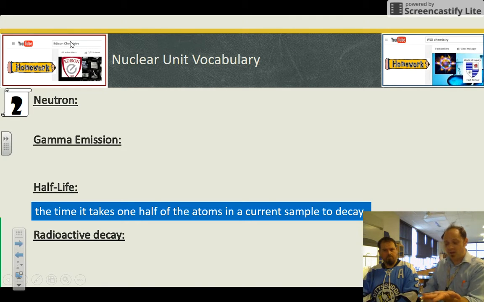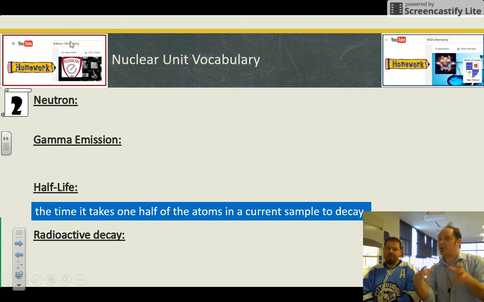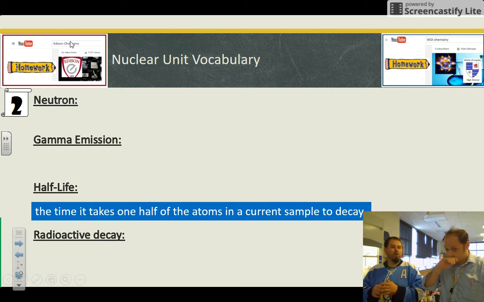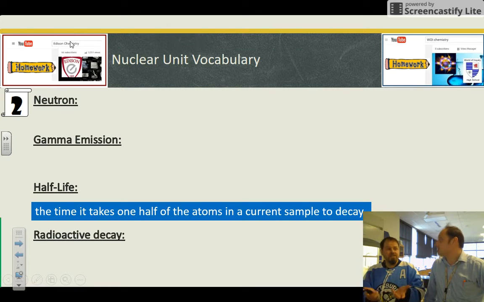But if I had 10 grams of atoms in my hands, I could say, okay, half of this will decay in the next period of time. You can't predict a single atom, but you can predict the bulk. This is a very important point. It's a holistic thing. I don't know which atoms in that mound are going to decay when, but I know holistically that half of them will decay by this time, and half by that time.